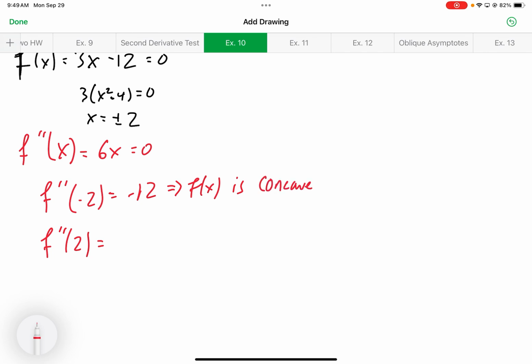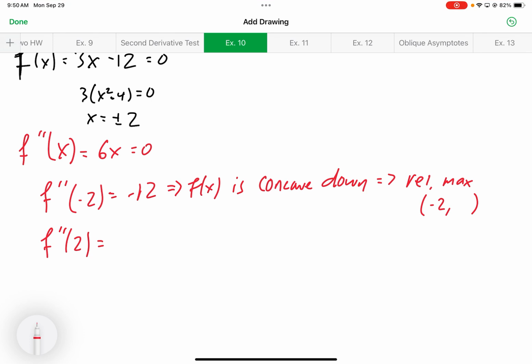concave up or down? Because my second derivative was negative, which implies I have a relative what? Max. So think about the shape of a concave down graph in your head. I have a relative max at negative 2 something. I got to plug that into my original to figure out what my y-coordinate is. We'll do that in a second.